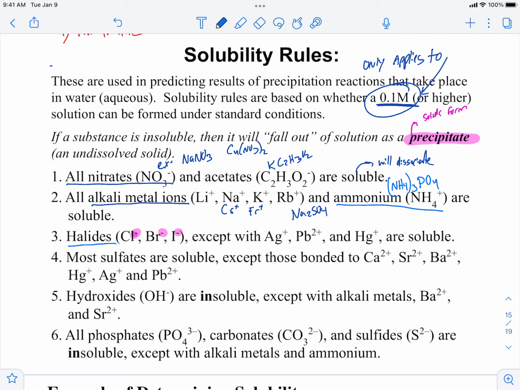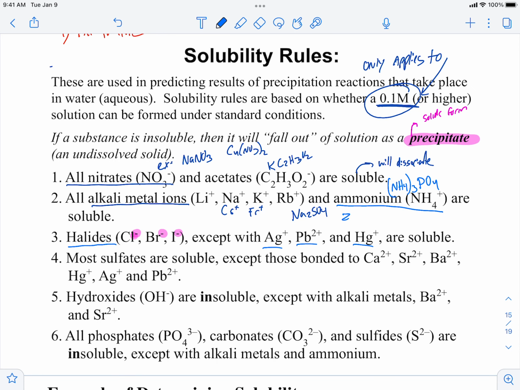So halides, except for when they're with silver, lead, or mercury, are soluble. This is our first complicated rule. Anything that has Cl minus, Br minus, or I minus in it is going to be soluble, except with these 3 exceptions. So zinc chloride is aqueous.